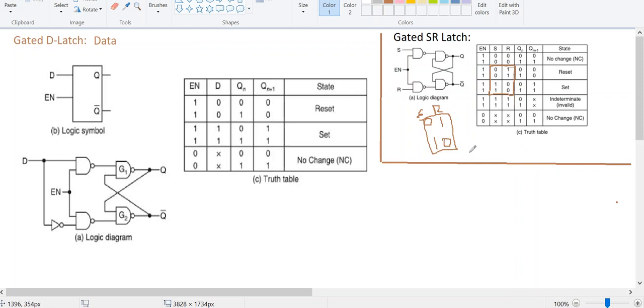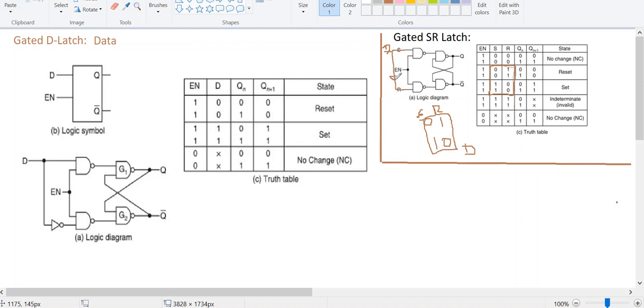Therefore, instead of these two, we can simply have one input. Instead of two input names S and R, we can have one input name as data, that is D. So we can modify this SR latch by connecting one line to S and R. If we combine these two, we have one input D, and we can have one more inverter.